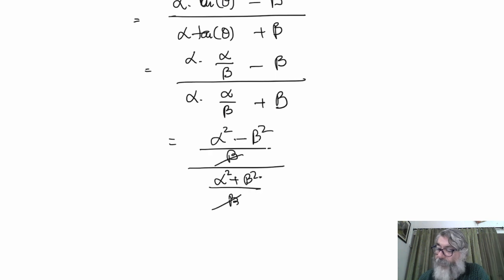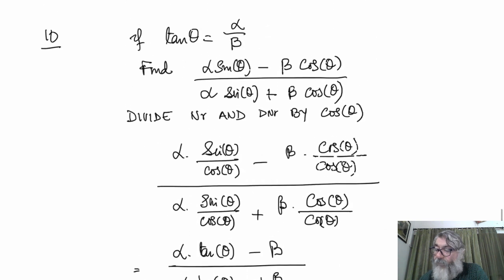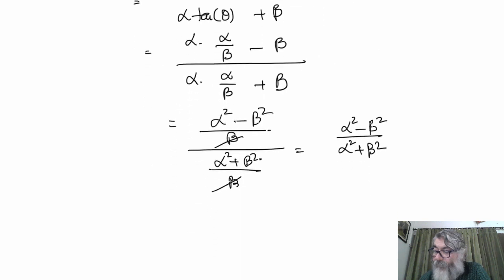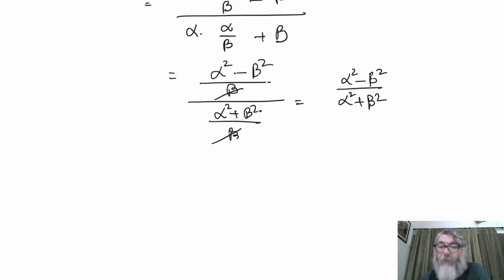So beta will cancel. We get alpha square minus beta square upon alpha square plus beta square. So we got the value of alpha sine theta minus beta cos theta upon alpha sine theta plus beta cos theta in those terms: alpha square minus beta square upon alpha square plus beta square.